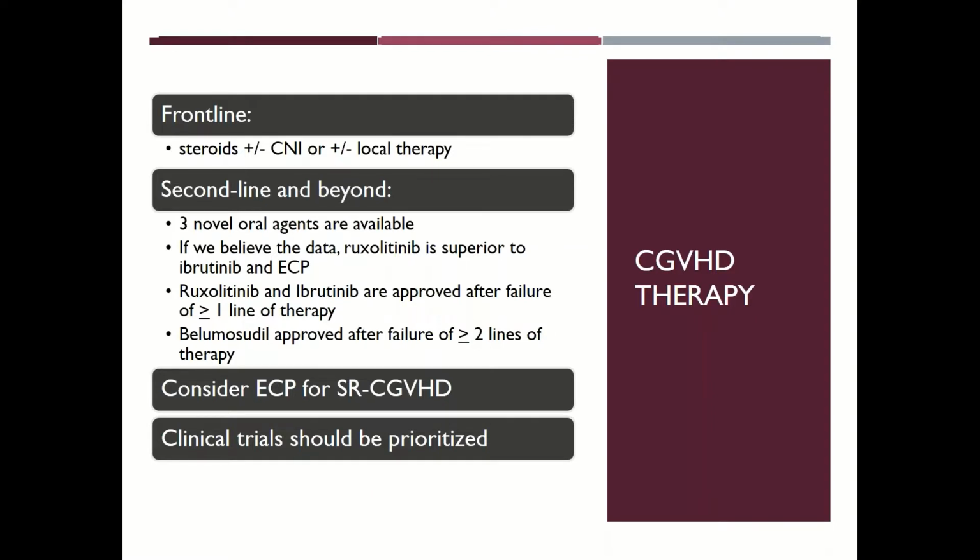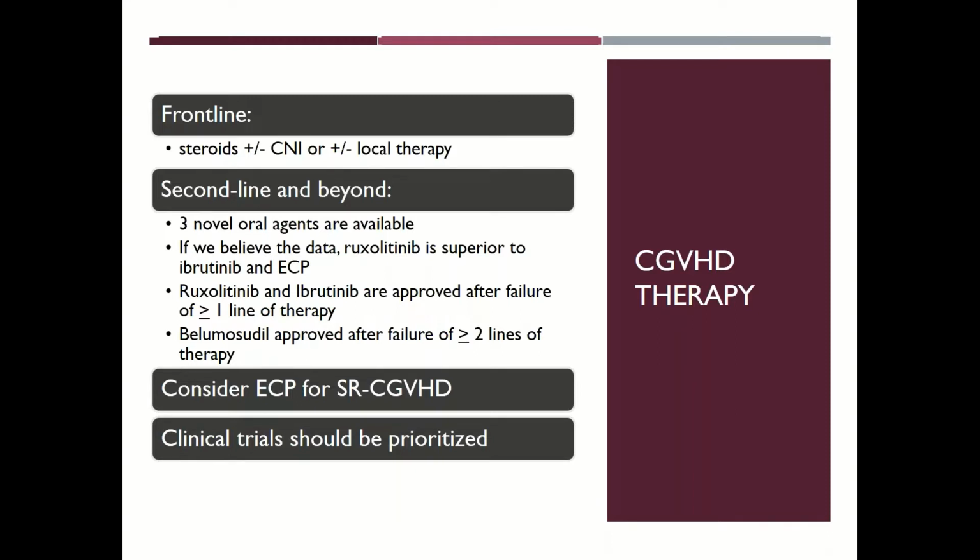Ruxolitinib and Ibrutinib have been approved by the FDA after failure of at least 1 line of therapy, and Volumatinib, which has been approved after failure of at least 2 lines of therapy, could be an excellent option one day for patients who have failed Ibrutinib and ruxolitinib.